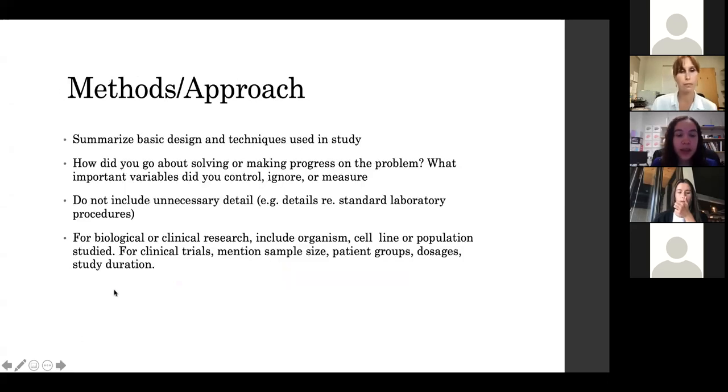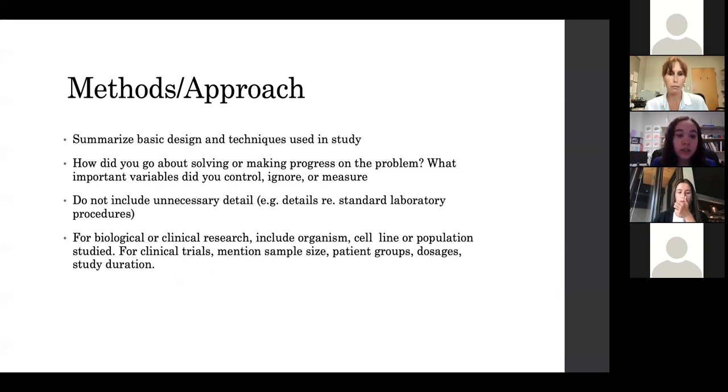Can you please go to the next slides? Thank you. Okay, so now we're going to talk about the methods or the approach for your research abstract. The methods section is usually the second longest section in the abstract. So it should contain enough information to enable the reader to understand what was done and how it was done.